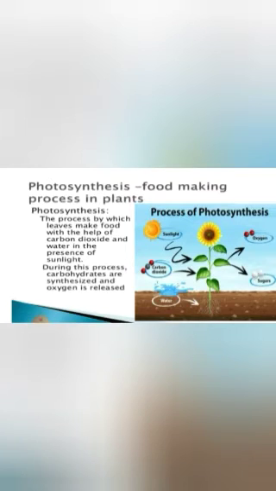So here the plant's leaves contain a green color pigment that is called chlorophyll. This chlorophyll which is present in the leaves uses sunlight from the sun, and the leaves take carbon dioxide from the air through the small pores which are present in the leaves, called stomata. And also, plants take water from the soil through roots, and the leaves prepare carbohydrates and they give out oxygen.